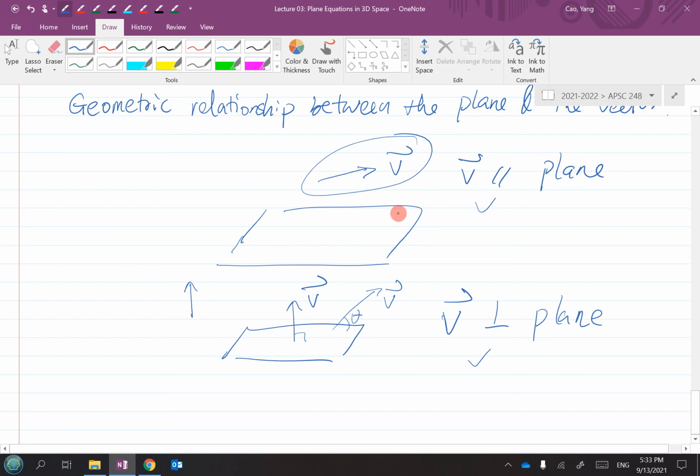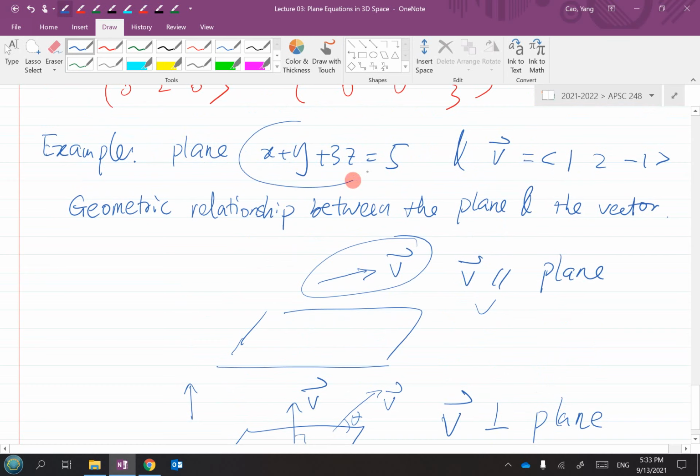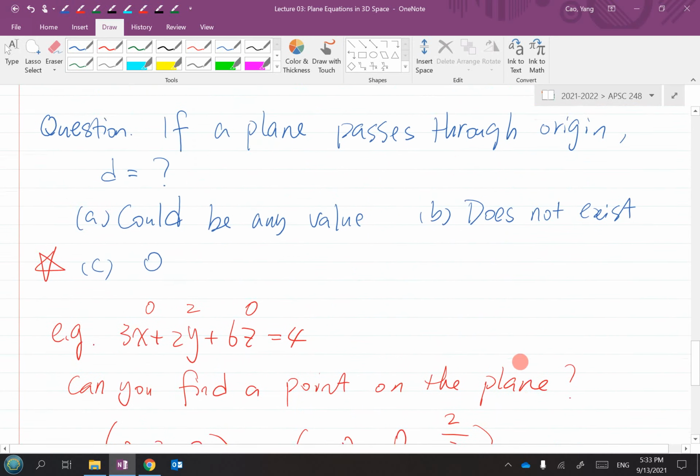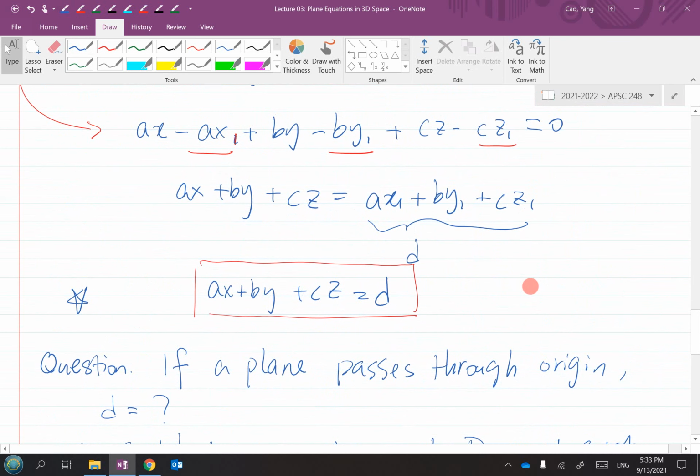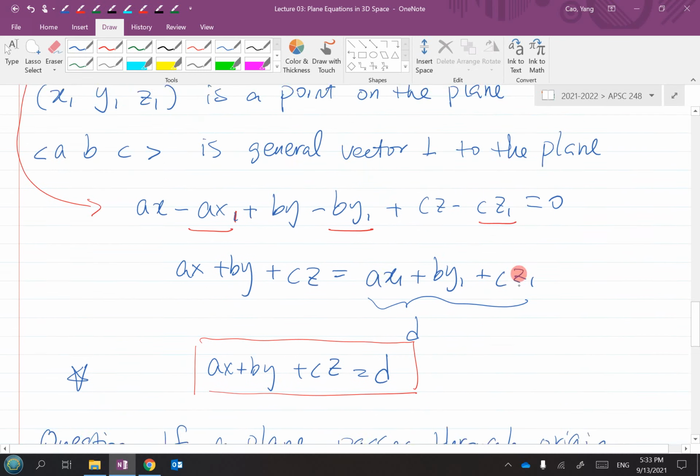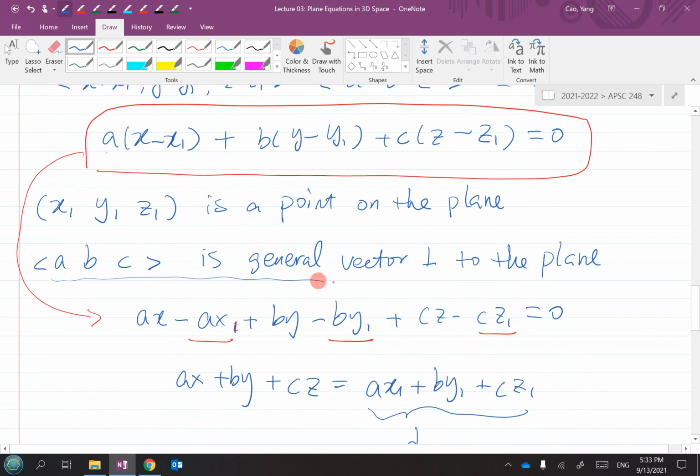I need to find another vector, but that vector is not going to be an arbitrary vector. It has to be something associated with the plane. So this is trying to get back to our original plane equation. If you look at the plane's equation, the coefficients for x, y, z, a, b, c. Remember what A, B, C are?